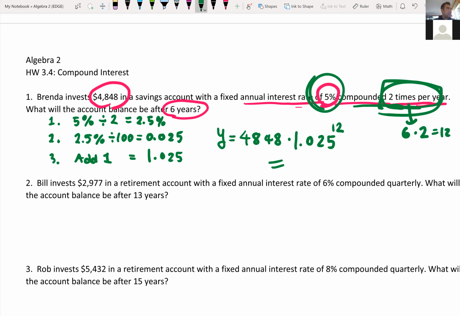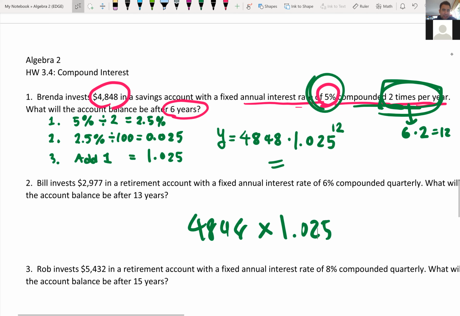So the answer will be, is everybody okay on how to punch in the numbers in the calculator? You do 4848 times 1.025.